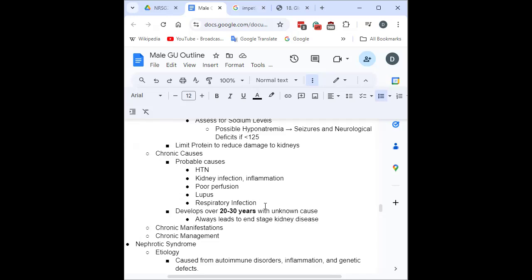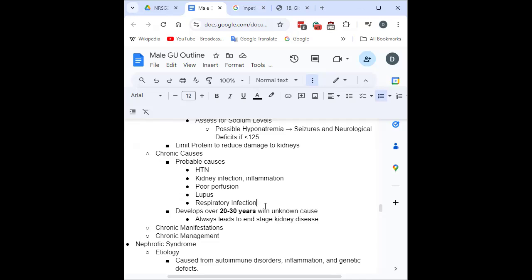Lupus, and there are a lot of different types of lupus, but lupus can be a systemic inflammatory autoimmune condition, so that can cause issues with the kidneys as well. It develops over years and will always lead to end-stage renal disease.